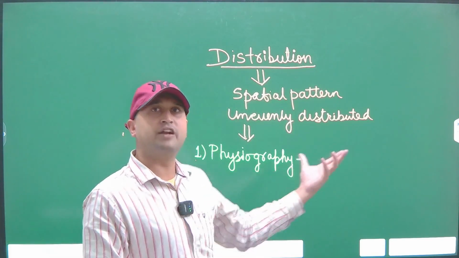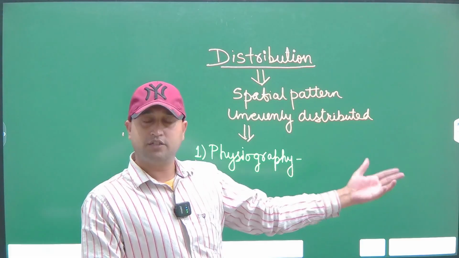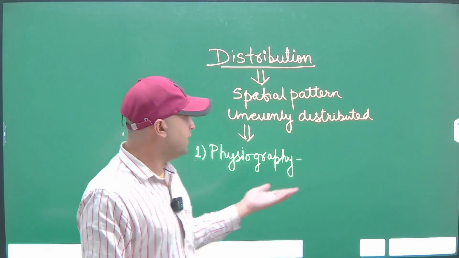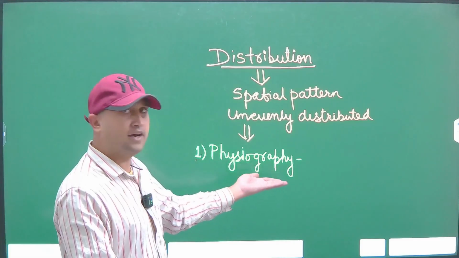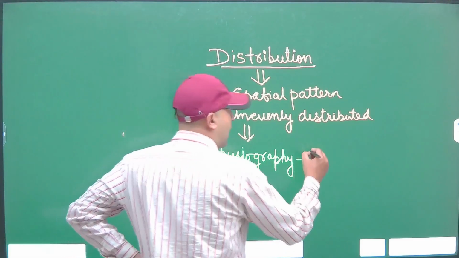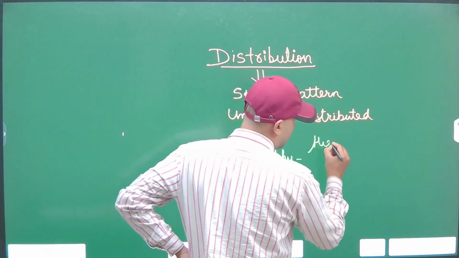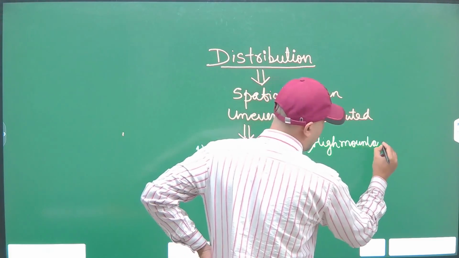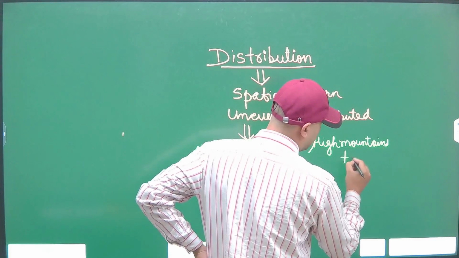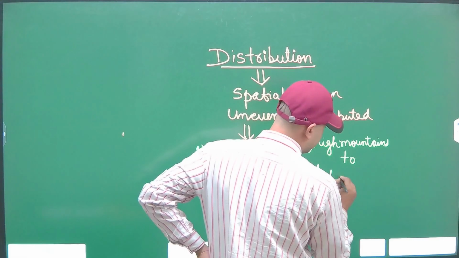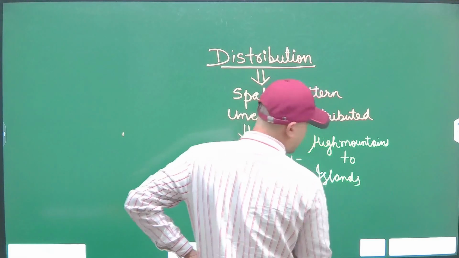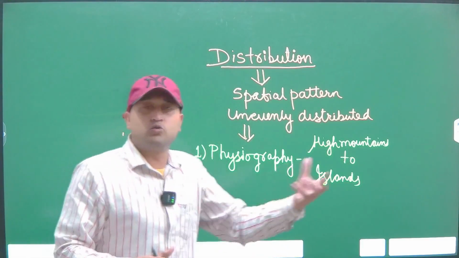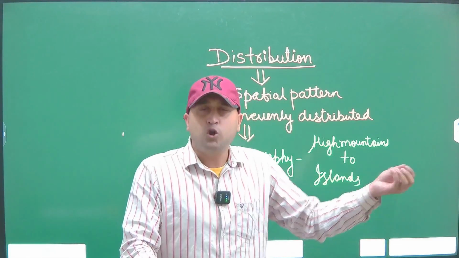It means the different landforms, different landscapes, different geographical features. In India, the geography is comprised of high mountains to islands, and areas with heavy rainfall to areas with very low rainfall.